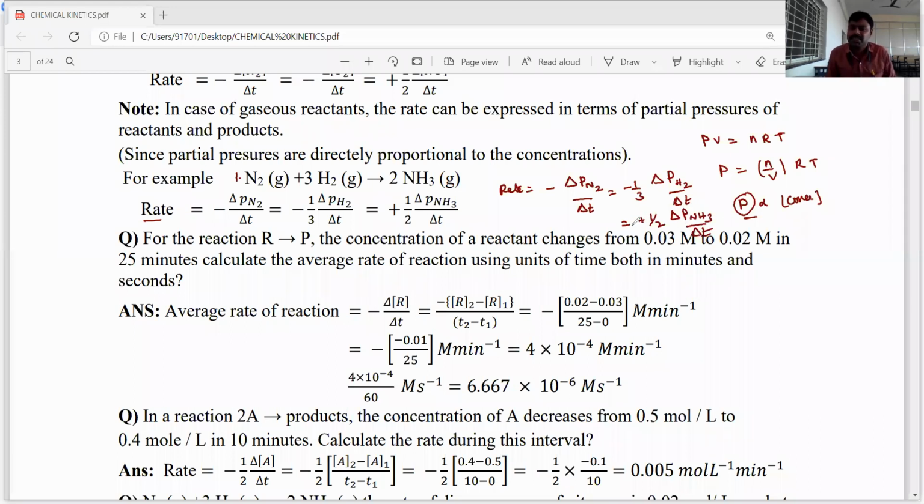Dear students, this is the average rate expression in terms of the pressure of each reactant as well as products. Let's see some examples now.